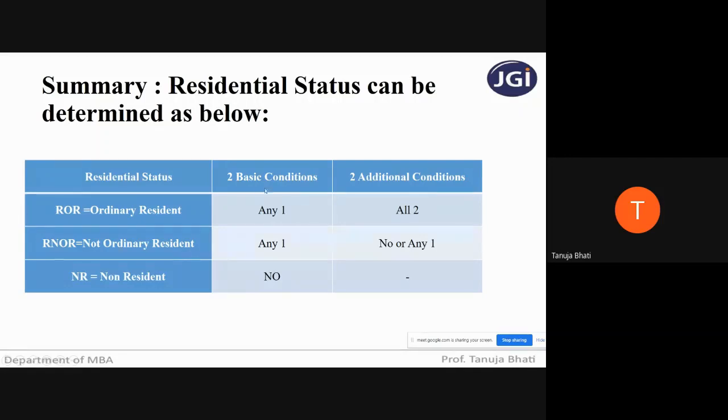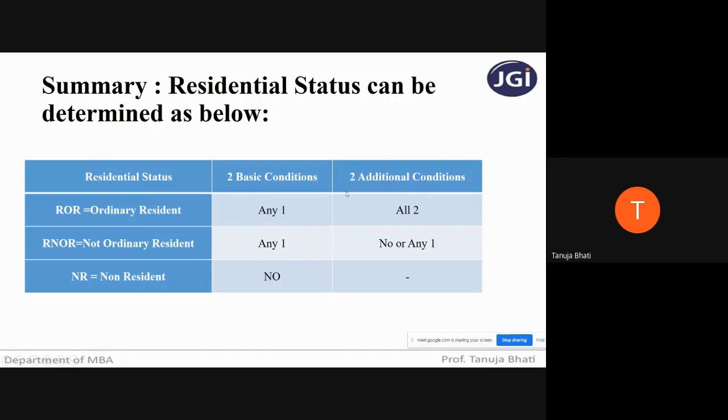If he is fulfilling any one of the 2 basic conditions, he is a resident. If he is not fulfilling any basic condition, he is a non-resident. Once we know he is a resident, we check the additional conditions to know whether he is ROR or RNOR.